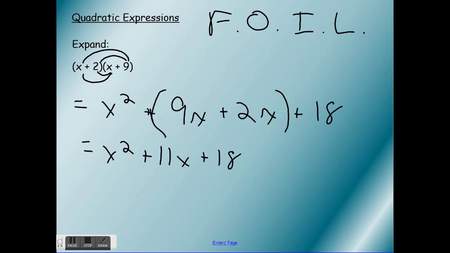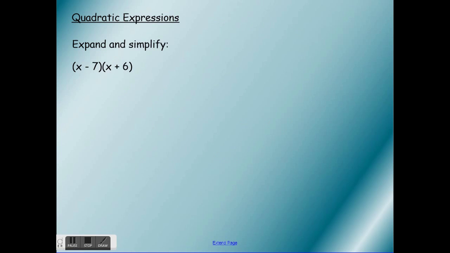When I say expand and simplify, I want you to do this. Now try another one. What do we start with here? X times x, which is x squared. Minus 7 is negative.